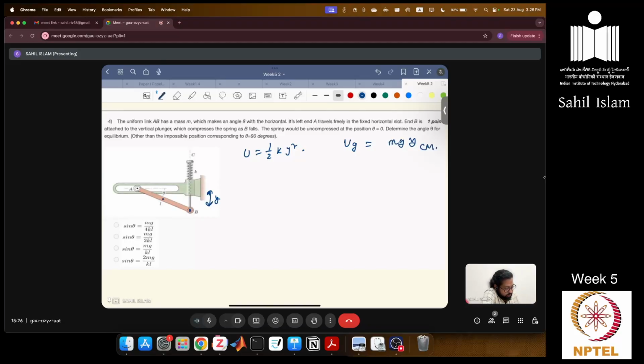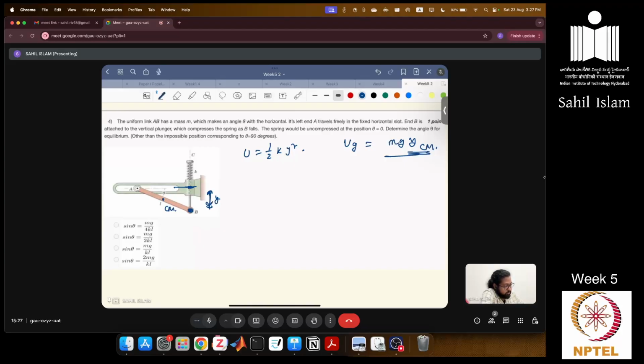So this is our center of mass. Whatever the center of mass has traveled, that will be the mgy. Here y is the position of the P point, and this is the center of mass. Now if we look at it, let's say horizontal is the base. Now this is y. So what is y by AB? It is sin theta.